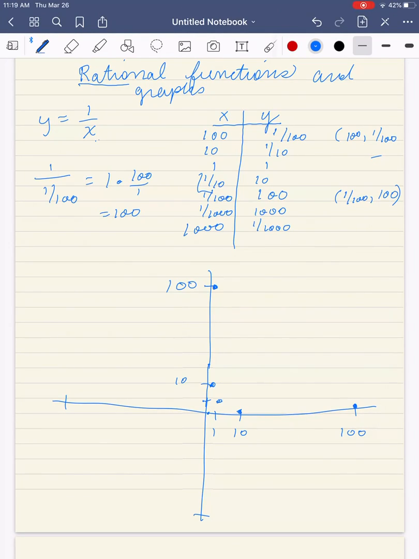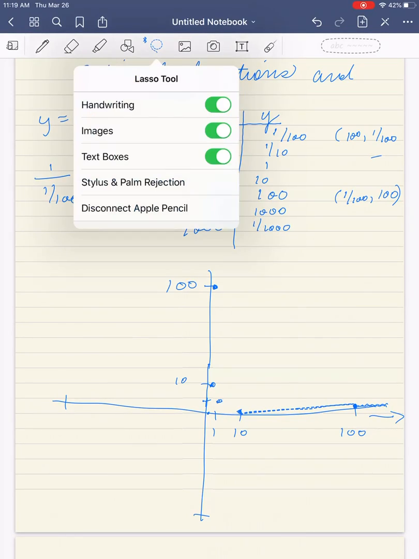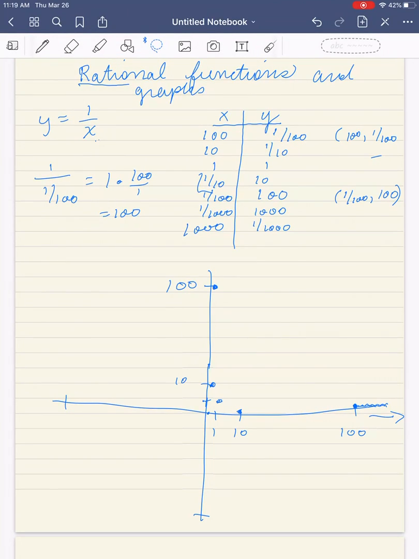So we see, as we're getting further and further out on the x-axis, y is getting closer and closer to the axis on that side.